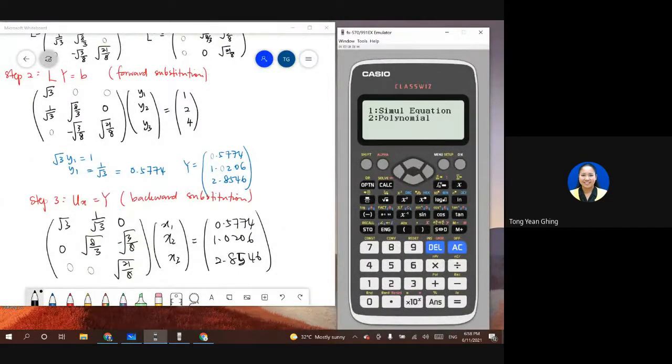same as before, polynomial 1, unknown 3. So key in the values: square root of 3, 1 over square root of 3, then 0.5774.